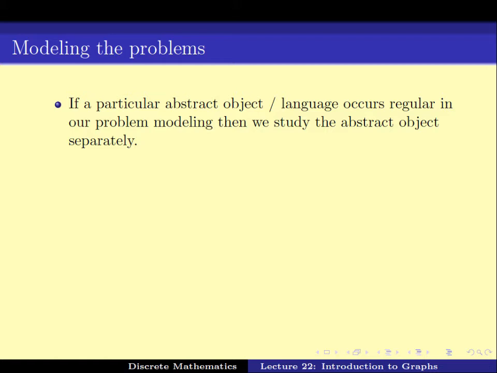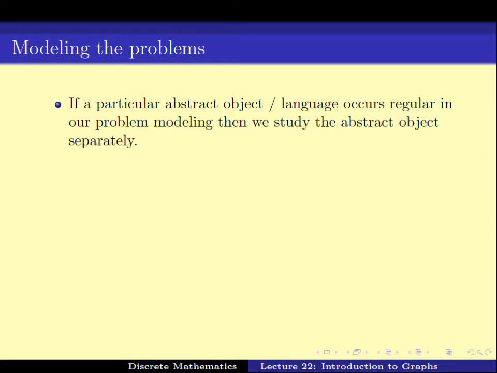Similarly, we realize that many problems in geometry or otherwise can be written as the ratio of the hypotenuse versus the sides of the triangle, which in fact gives us sine, tan and cos. And then we start studying trigonometry. So these are abstract languages, trigonometry, geometry and so on.